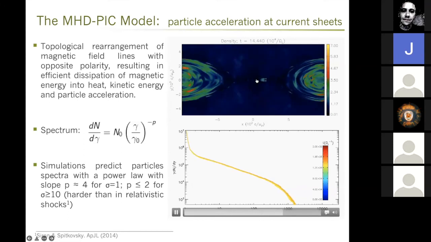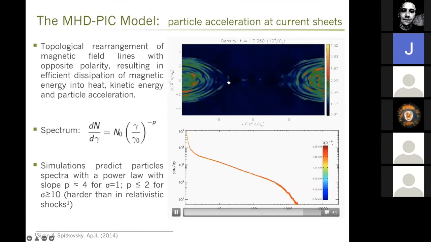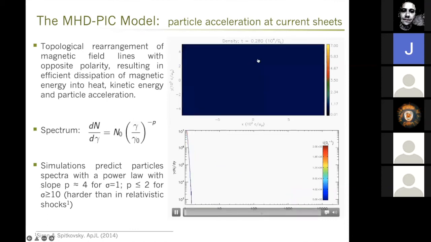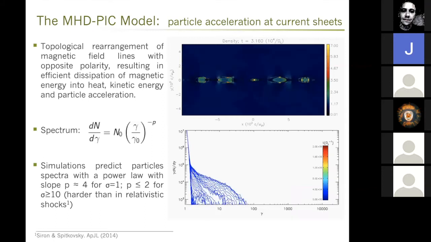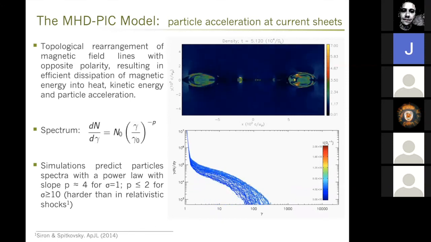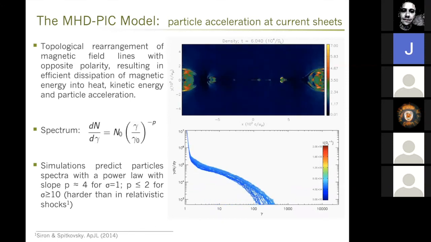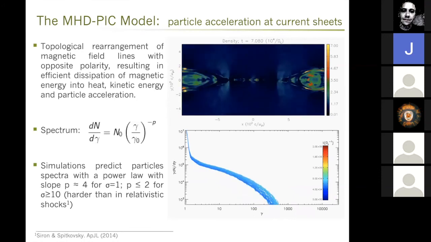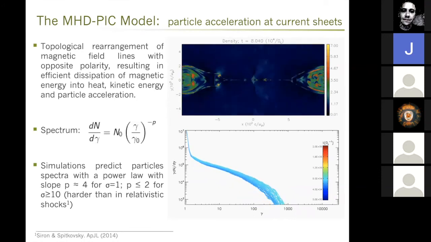But the nice thing is that in this approach you can definitely accelerate particles, because during this process you form this huge island, but at the neutral line between them you can create very large electric fields. And the electric fields are capable of accelerating particles a lot, especially if the electric field is parallel to the magnetic field, which is a situation that can be easily generated in non-ideal MHD by using a finite resistivity.